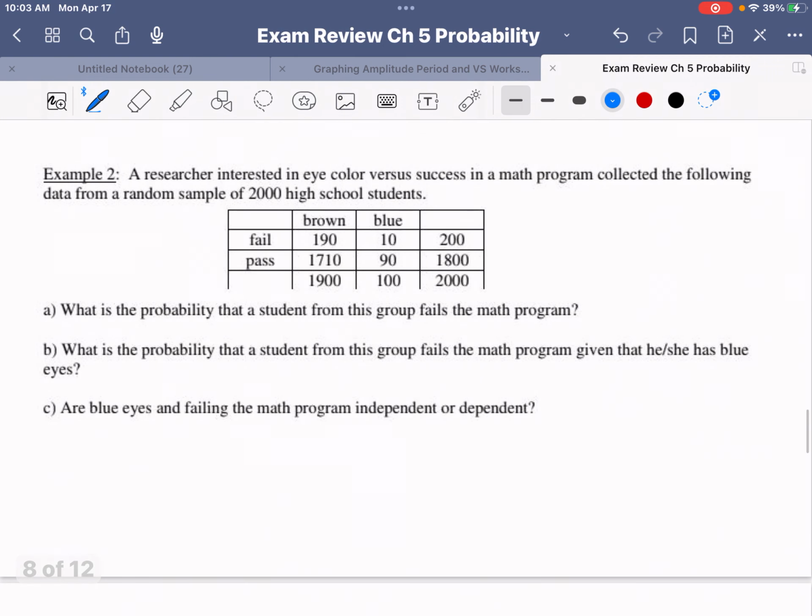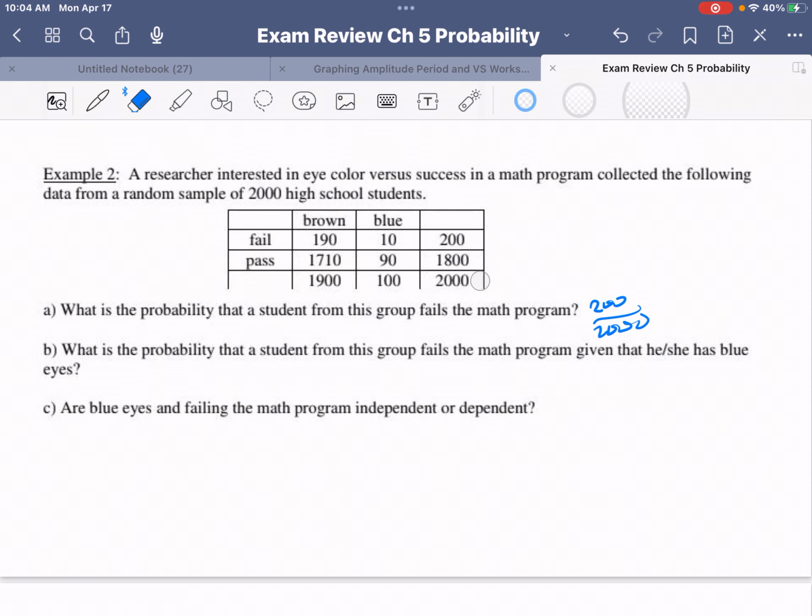Okay, here's another two-way table similar to the review video. A researcher interested in eye color versus success in math collected the following data from a random sample of 2,000 high school students. What is the probability that a student from this group fails the math? 200 out of 2,000 is just the answer.